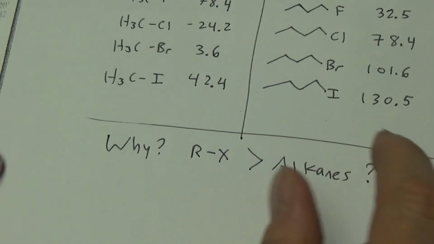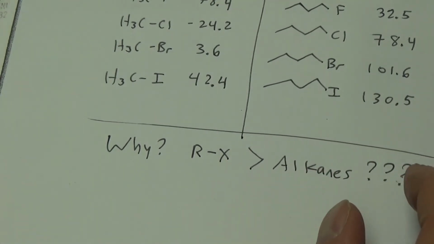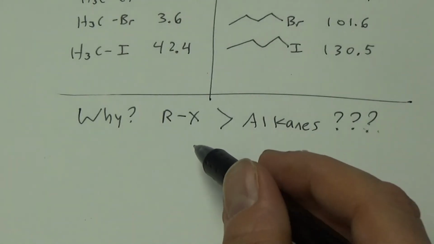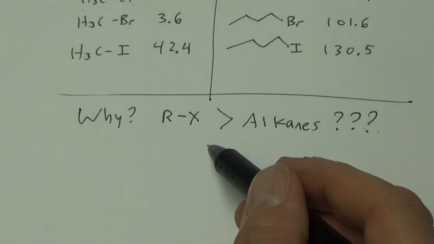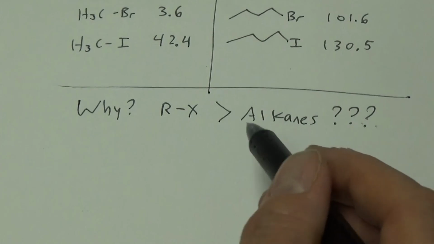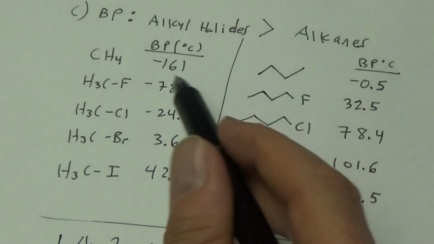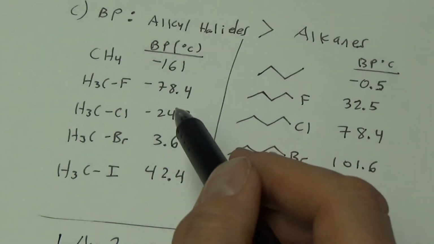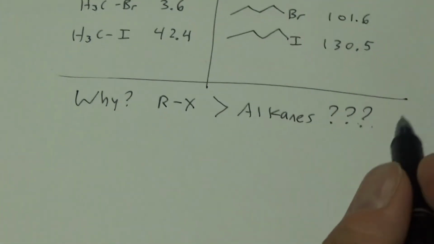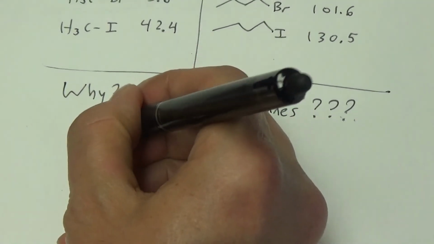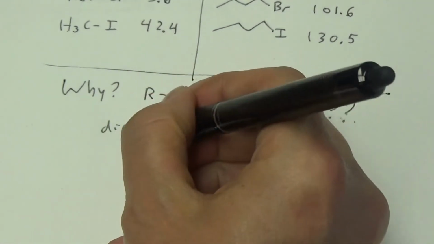What are the reasons for having, if you have an X, like a fluorine, chlorine, bromine, or iodine, why are those boiling points actually greater than alkanes? Because we see that here, right, in both of these cases. And the answer is probably dipole-dipole interactions.